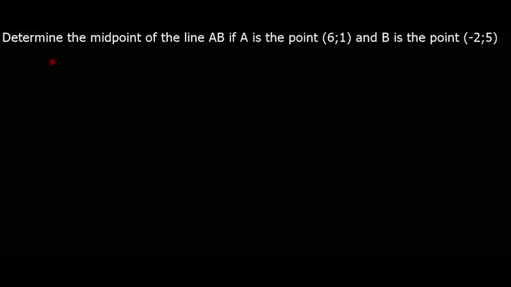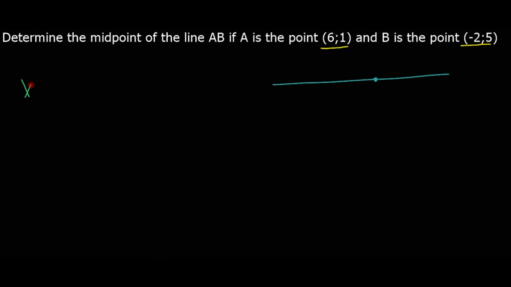Determine the midpoint of the line AB if A is the point (6, 1), B is the point (-2, 5). They gave us A and B, they say it is a line. So we want the midpoint of AB. We will do the same thing, using our formula for a midpoint.